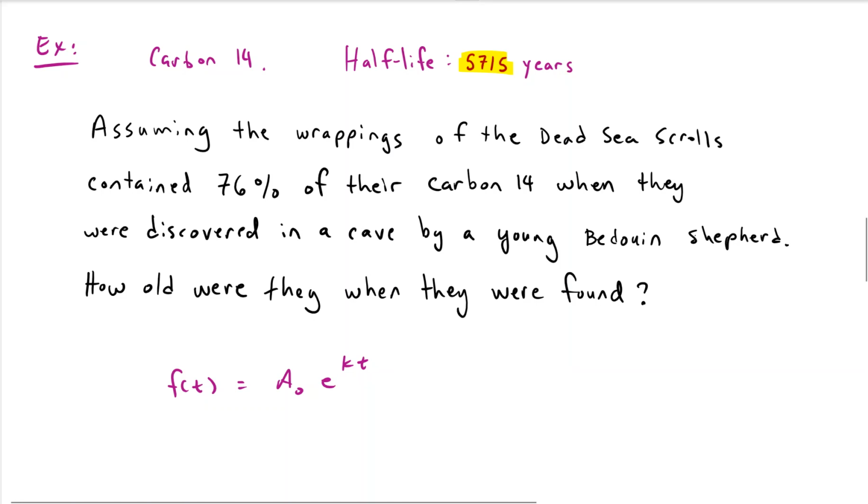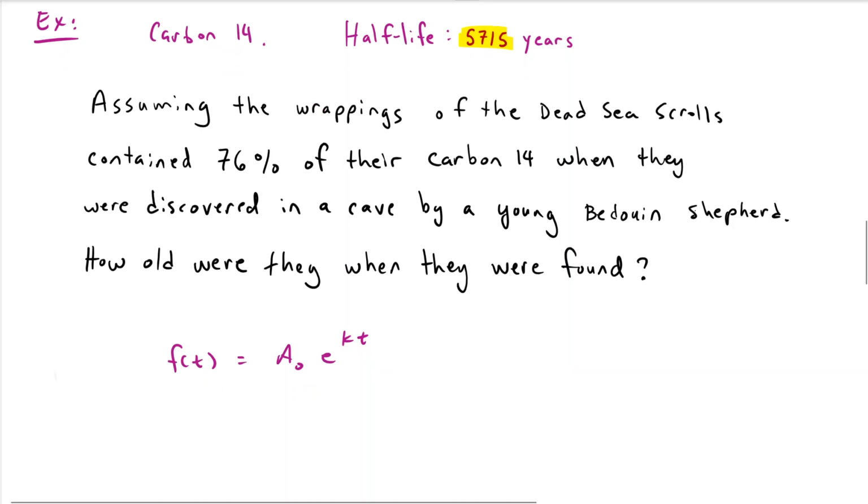Then in another 5,715 years, half of what was there the last time is now there. So now we have a quarter of the original, because at first we cut it in half, and then we cut half of half, which gave us a quarter, and then half of a quarter, which is an eighth. Every 5,715 years, we slice what was there in the previous time step in half. So that's the concept of a half-life.